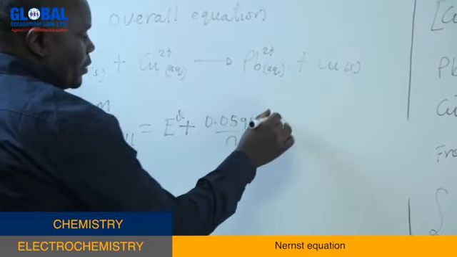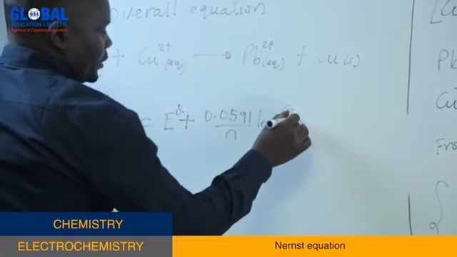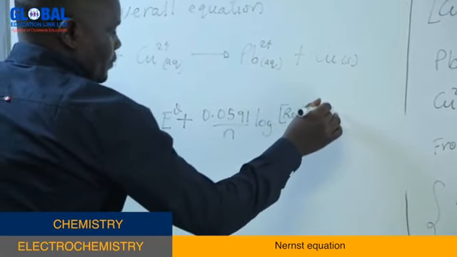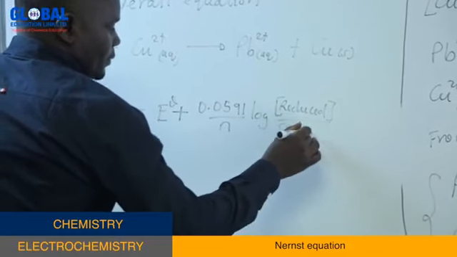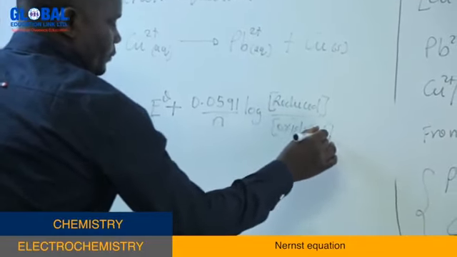And here the reduced species is copper, the oxidized species is lead. So the concentration of copper over concentration of lead.